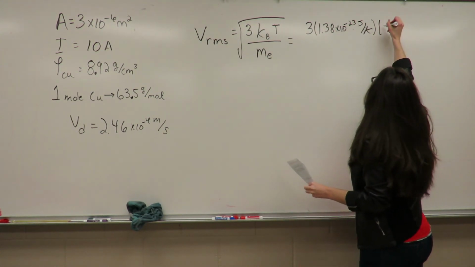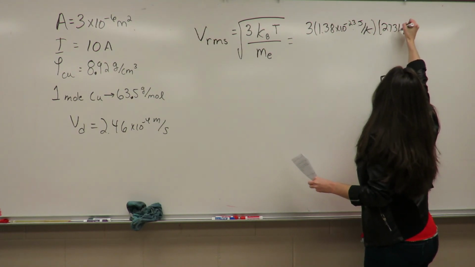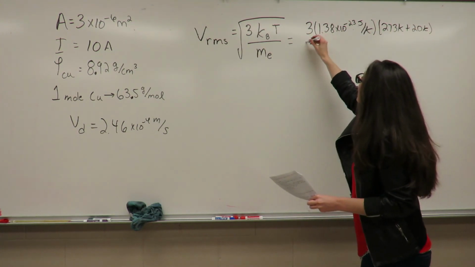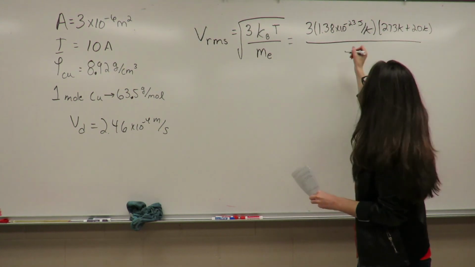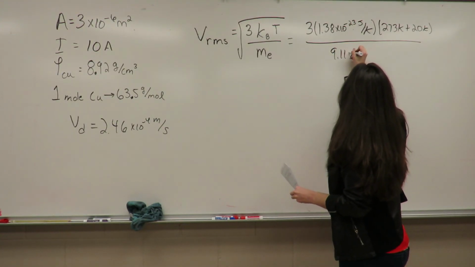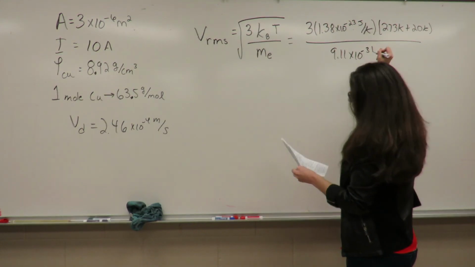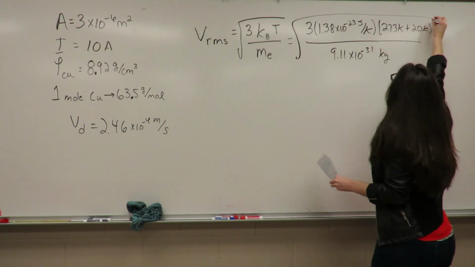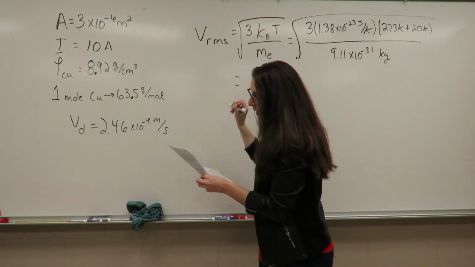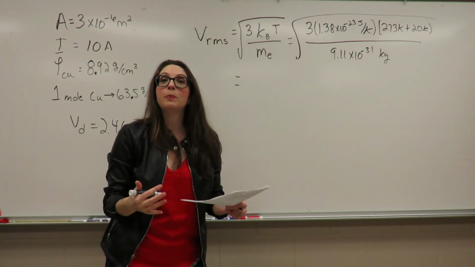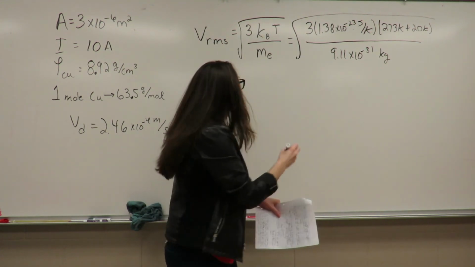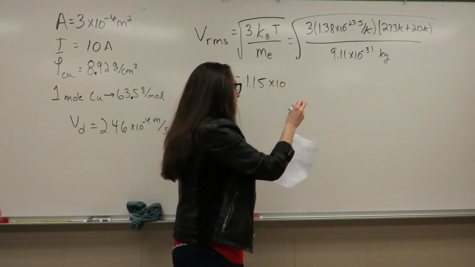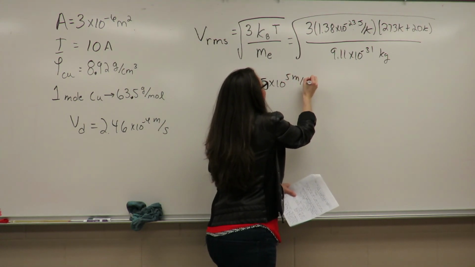Okay? And then that's all divided by the mass of our electron, which is 9.11 times 10 to the minus 31 kilograms. And then we square root all of that. And so then we find that the root mean squared speed of an electron gas would be 1.15 times 10 to the 5 meters per second.